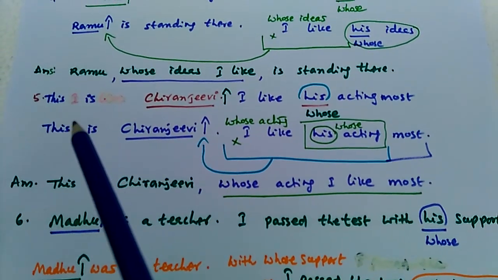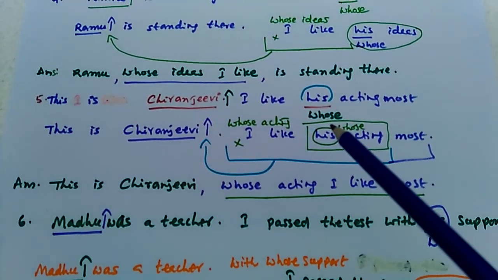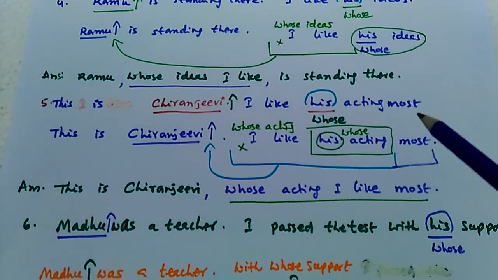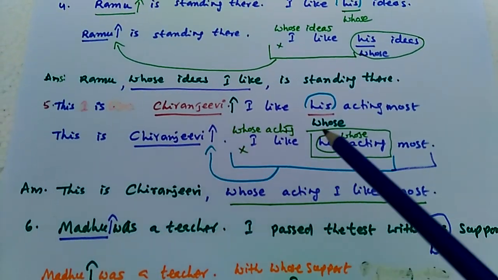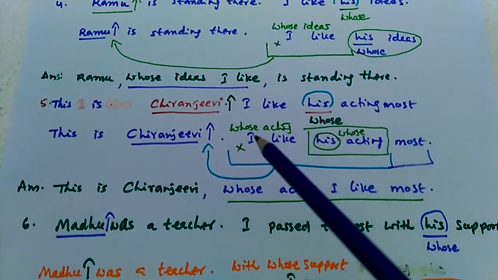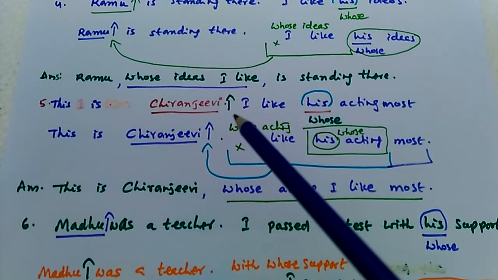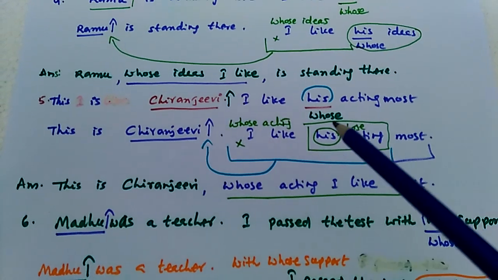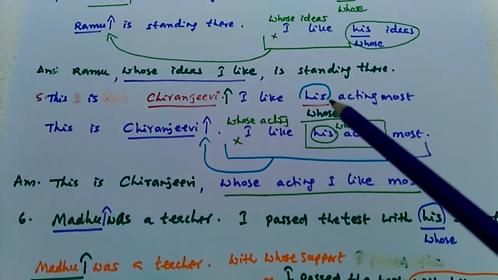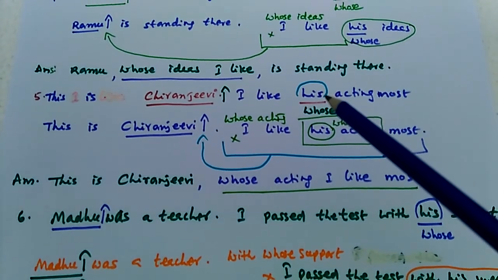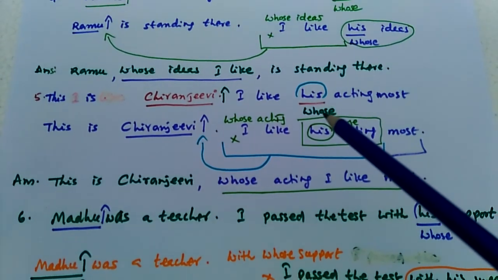And next one, this is Chiranjeevi, I like his acting most. Here identical phrases are Chiranjeevi and his. So immediately after Chiranjeevi we have to keep an arrow mark, and another identical word or phrase, that is his, is to be removed, and in that place we have to write whose.